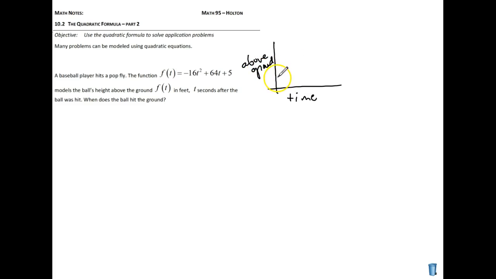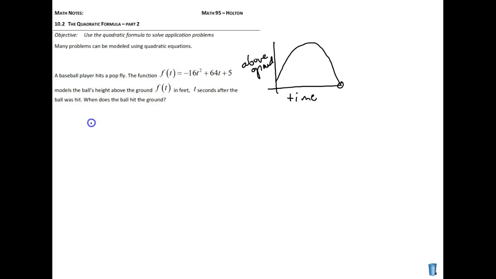What you see is that the ball was probably hit somewhere here, depending on how high the ball was when the batter actually hit it. But the ball goes up, pop fly, and then it comes down, back down, and hits the ground like this. So we often want to know at what point this ball is going to hit the ground over here.